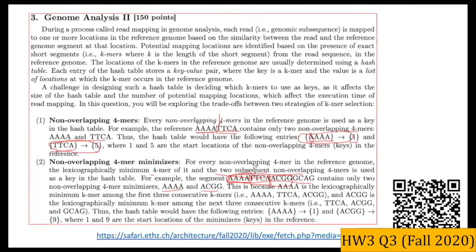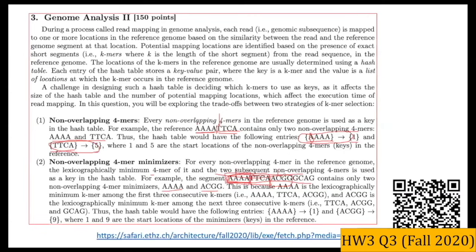When we compare the first to the third, the first characters are equal, then we go to the second character. Here is A, and here is C. A is before C in alphabetical order. So the 4 A's is the one we consider as a minimizer.